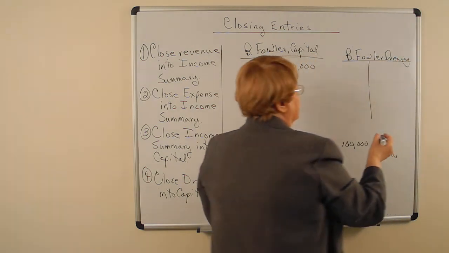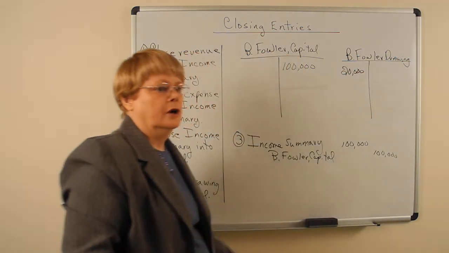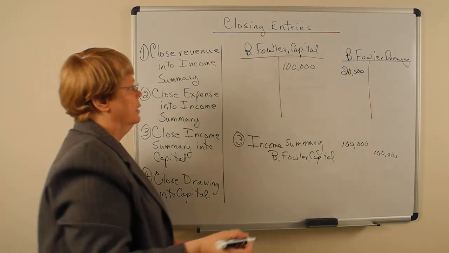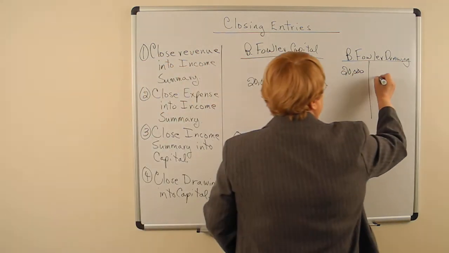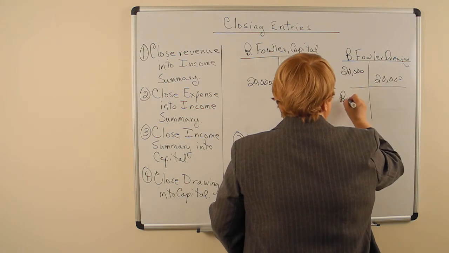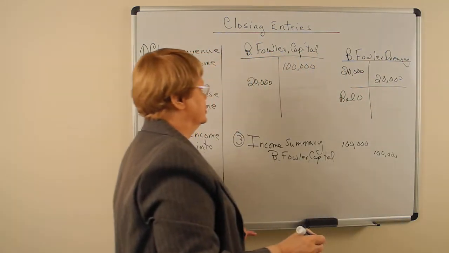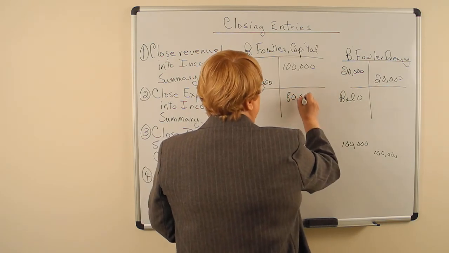Now we know that the drawing account has a debit balance. So to close the drawing account, we need to credit it, and we're going to debit capital. That brings our balance to 0. That's what we want to do. And now our balance in capital is $80,000.